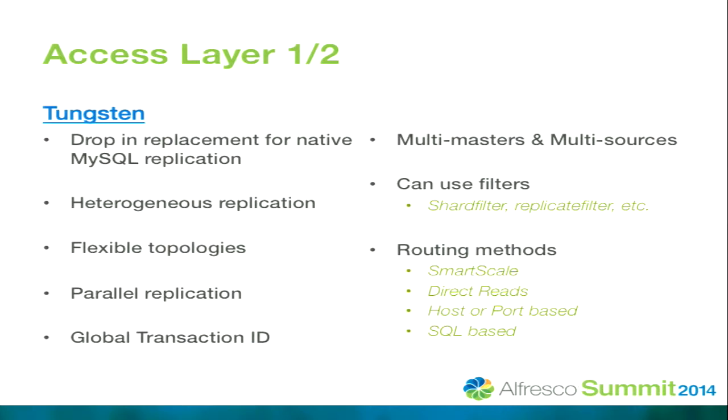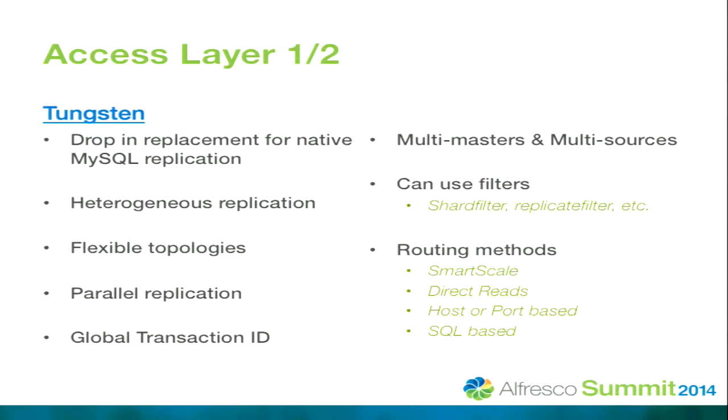I ran a benchmark on different products, and this is one of the best I want to share with you. It is a drop-in replacement for native MySQL replication. So if you use Tungsten, you don't need to use MySQL replication anymore, as it is slow. It provides high performance in terms of replication because it is multi-threaded and thread safe.